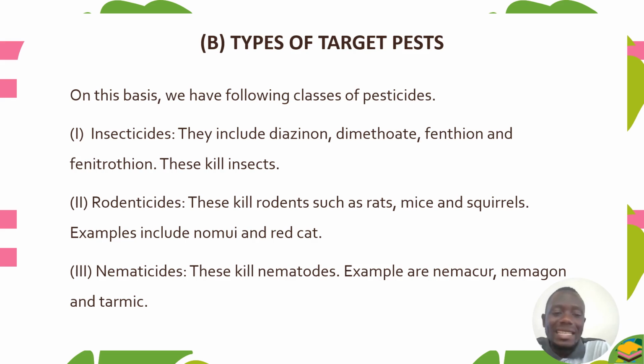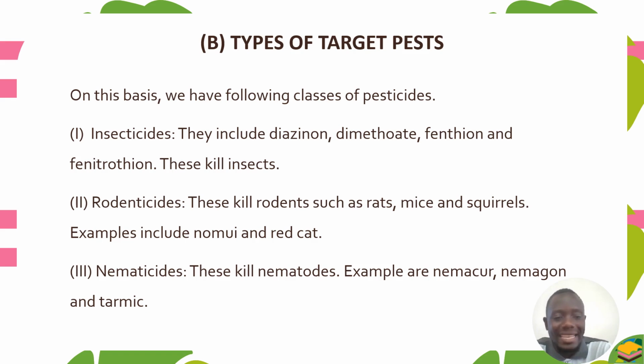Then we've got rodenticides. The name can easily tell that rodenticides kill rodents. These kill rodents such as rats, mice, squirrels. Examples we've got are Nomui and Red Cat. So these are examples of rodenticides.